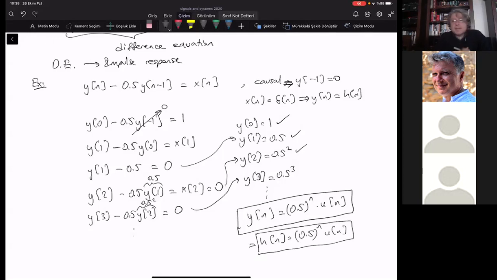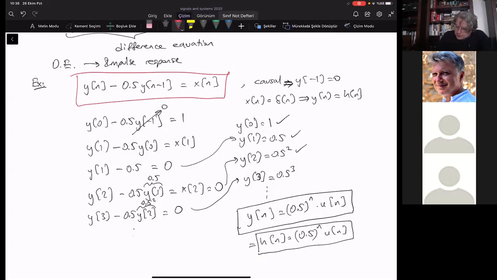I found the impulse response. From where? From the difference equation. Starting from the difference equation, I found the impulse response.